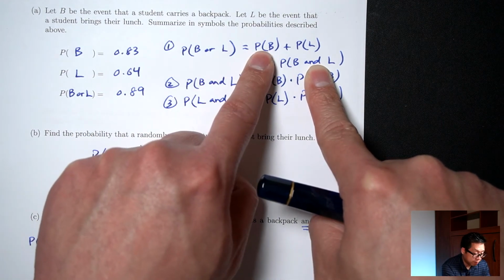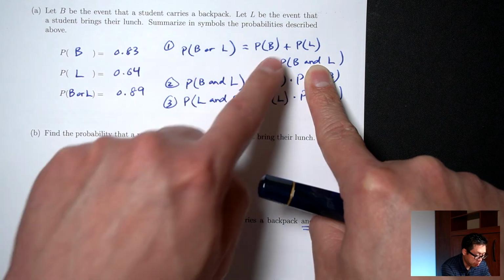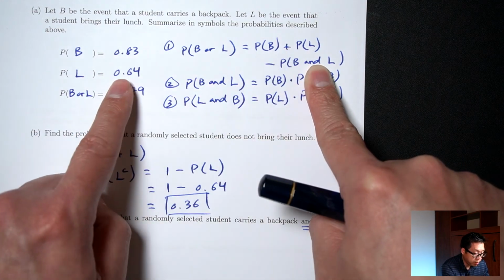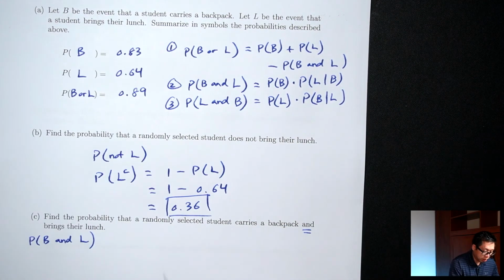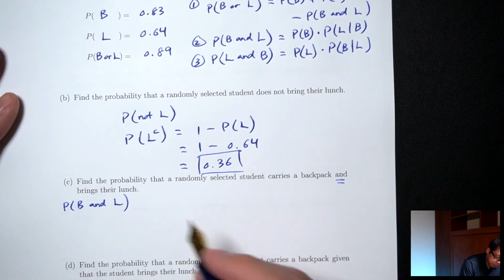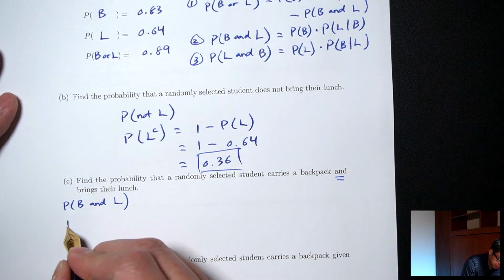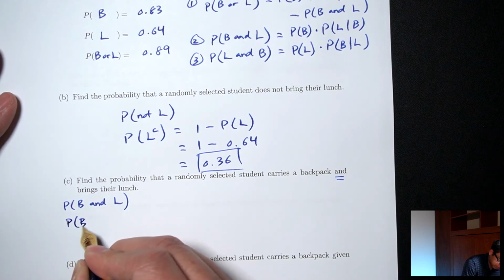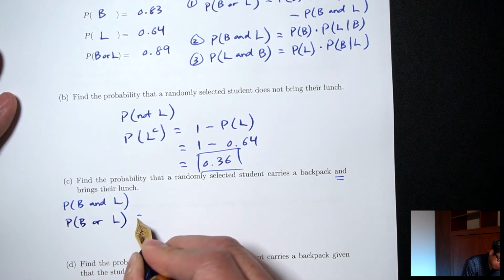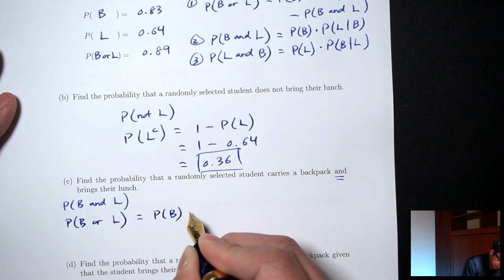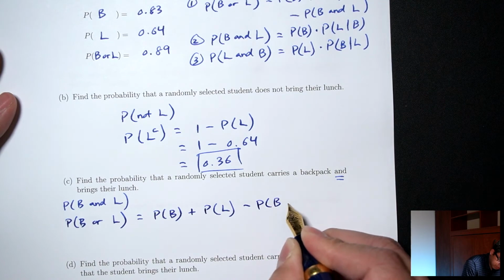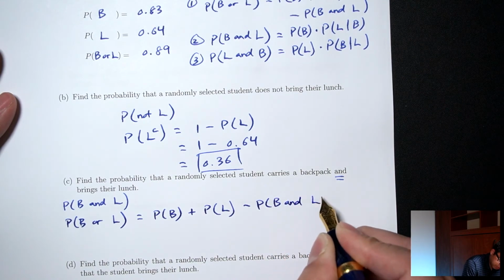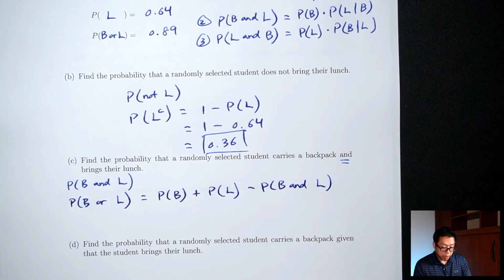Do I know probability of B? Yes. Do I know probability of L? Yes. Okay, so equation 1 works here. So let me recopy that. And let's go through and plug in numbers.